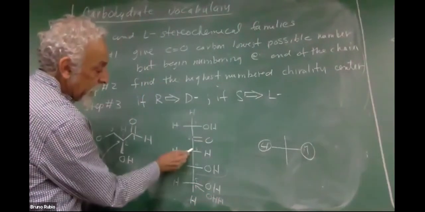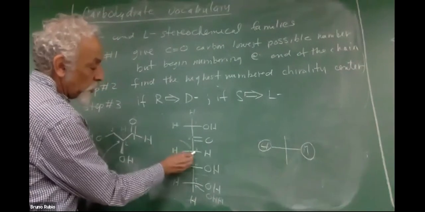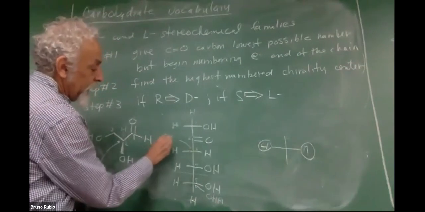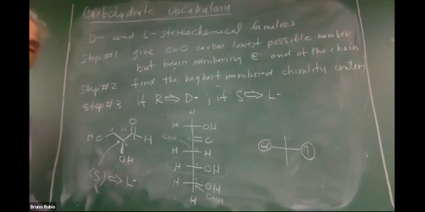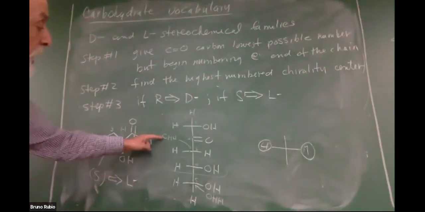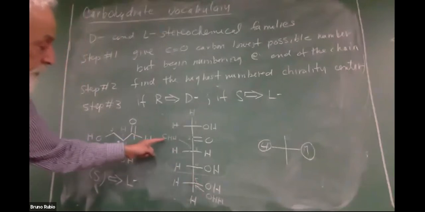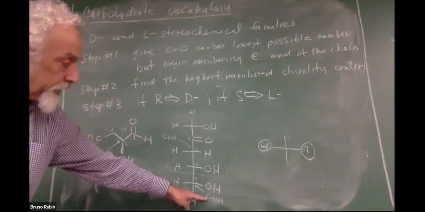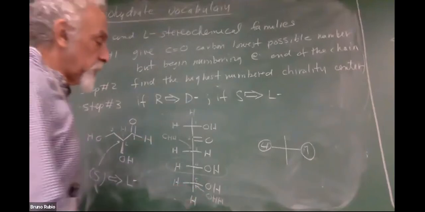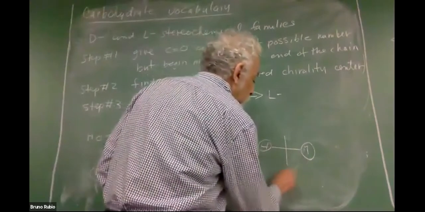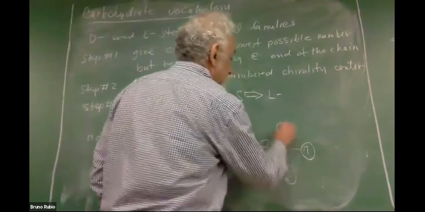This guy's next set of atoms is what? CHH. So I've written the next set of atoms in order of atomic number, high to low. And now the winner is the one that has the highest atomic number at the first point of difference. It's this guy. He wins. So this is rank 2, and this is rank 3.